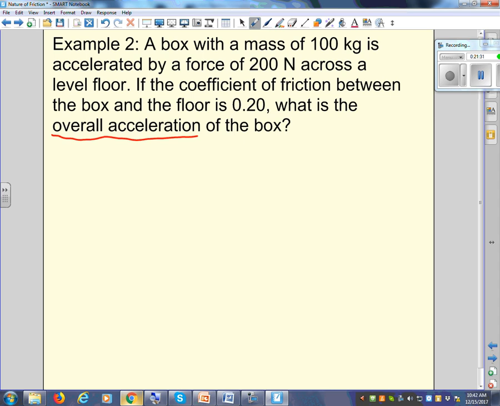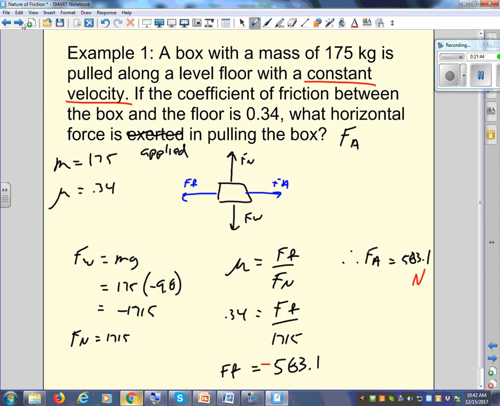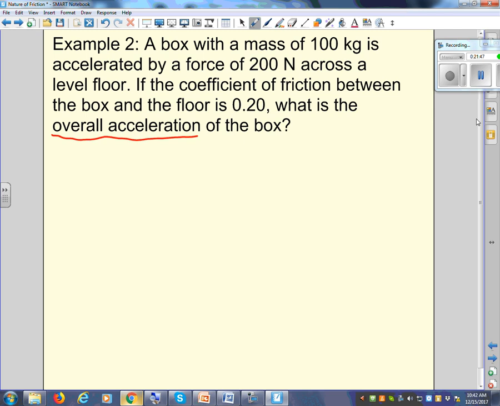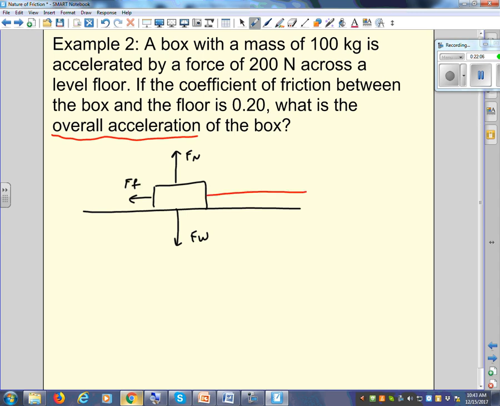A box with a mass of 100 kilograms is accelerated by a force of 200 newtons across a level floor. Again, level floor. If the coefficient of friction between the box and the floor is 0.2, what is the overall acceleration of the box? So virtually the same situation, except the applied force is much, much bigger. Weight force, normal force, friction, applied force.